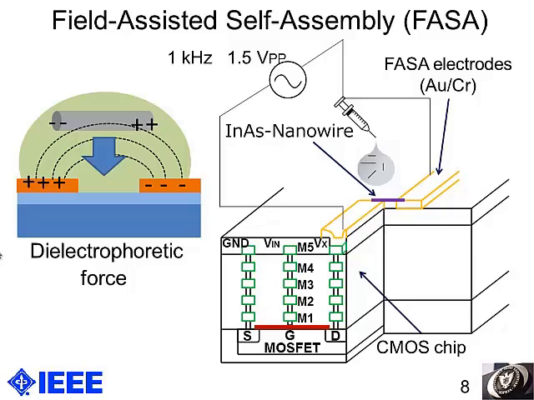The nanowire and the CMOS circuit were connected to each other by these FASA electrodes. During the FASA process, we applied an AC voltage as low as 1.5 volts peak to avoid introducing any damage to the CMOS circuit.